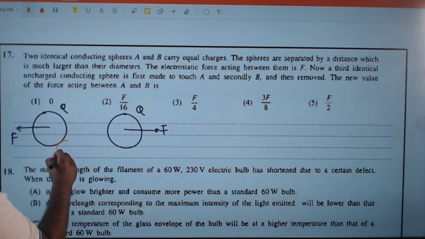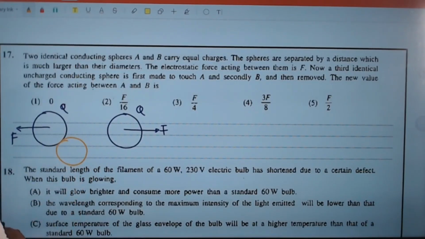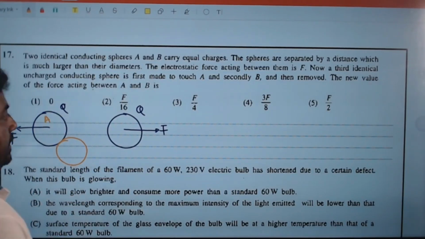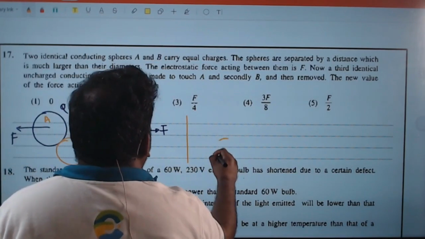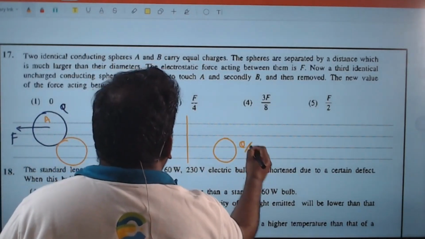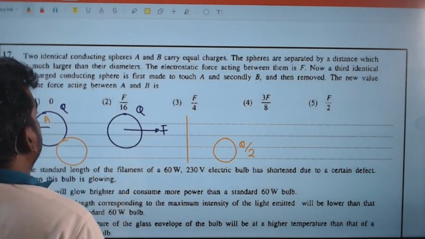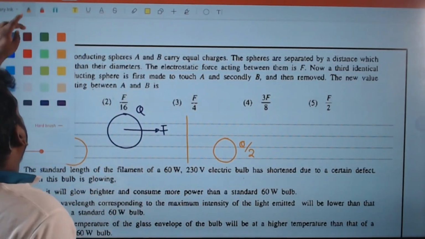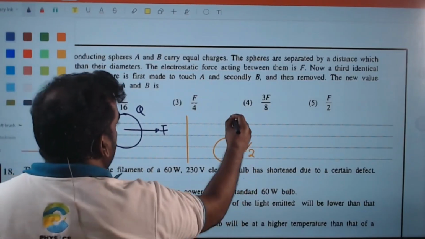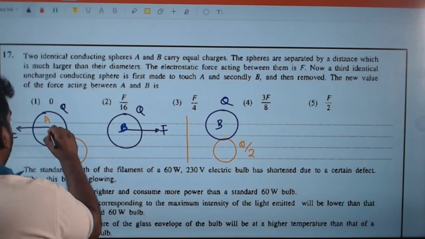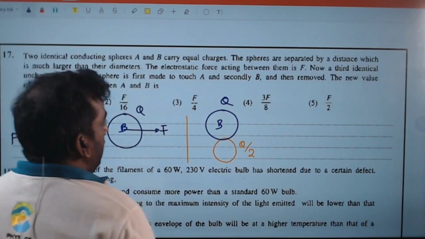First I am touching A. When it touches A, what happens? Charges will equally divide, Q over 2. And secondly, it will touch B.